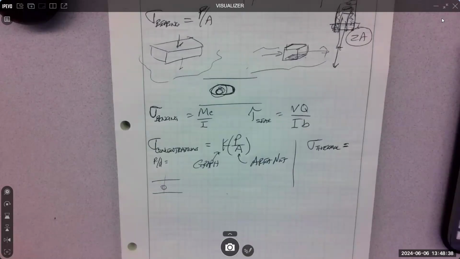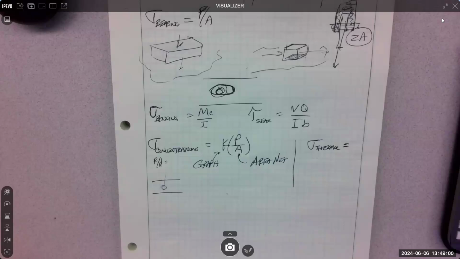Temperature. There's certain situations where we can have a temperature change, but we don't get any thermal stresses. If it's fixed, in other words, it's not free to move, and the temperature goes up or down, we have thermal stresses.